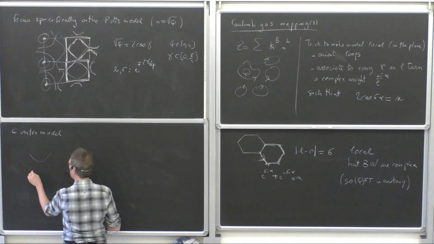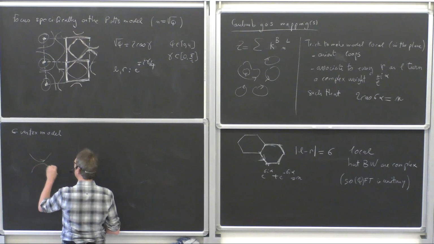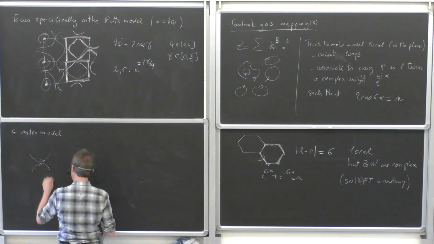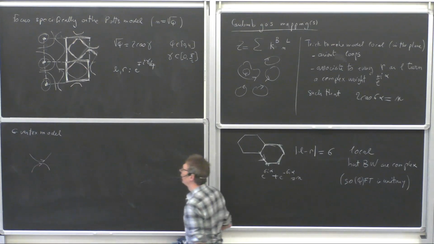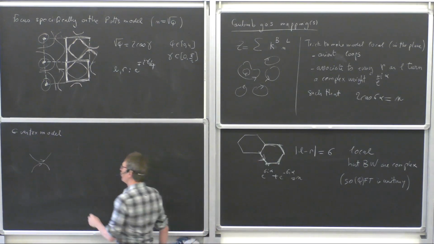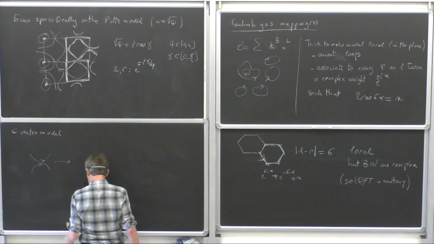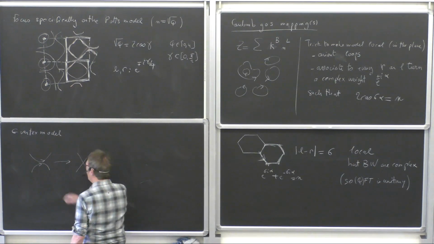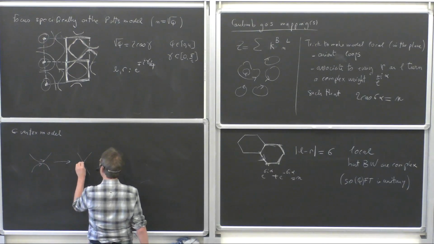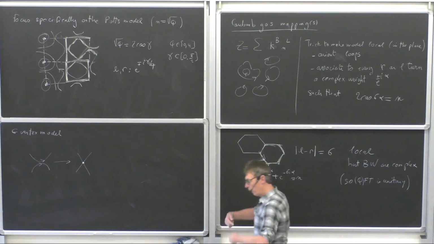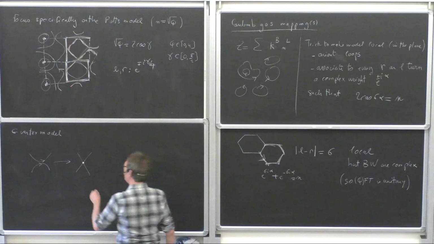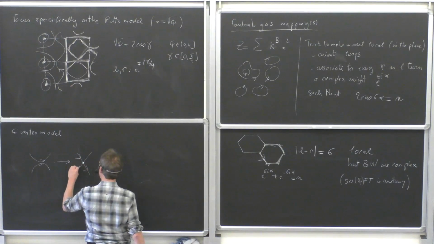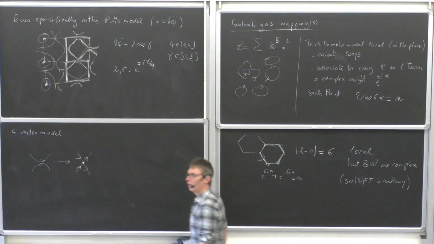So here, for instance, is a configuration where I have an oriented loop like this and here one like this, just as an example. The idea is now to observe that we can always glue together the two pieces of the loop at the point where they avoid each other. And if we do this, what we're going to obtain is a vertex that looks like this.